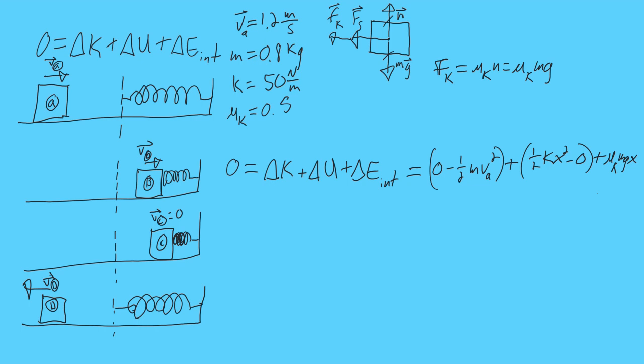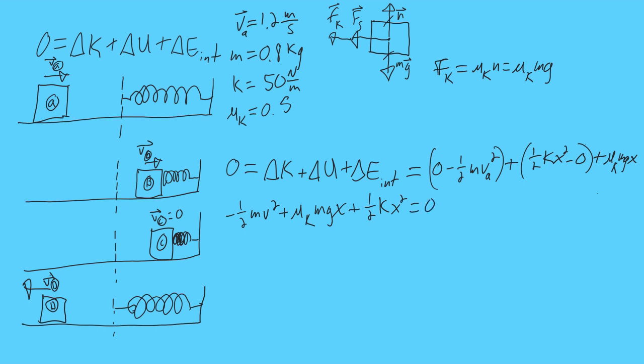Okay, so we know this addition and subtraction all get us to 0, so we can put our things together. So we have minus 1 half m v squared plus mu_k mgx plus 1 half k x squared is equal to 0.